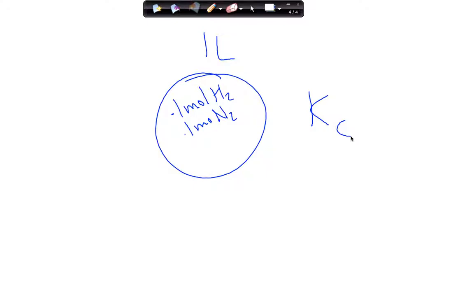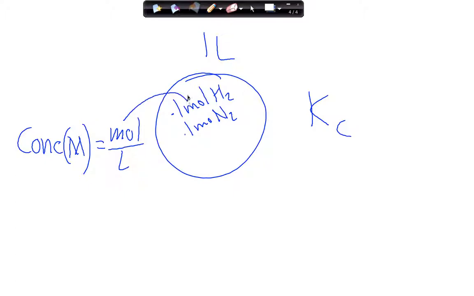Here's what they do. Guys, we understand that concentration, molarity, is equal to moles of solute divided by liters of solution, right? You're not going to like this. They make up a brand new unit of concentration using the fundamentals of molarity, but it's moles of gas divided by liters of vessel. The volume. And it actually works.